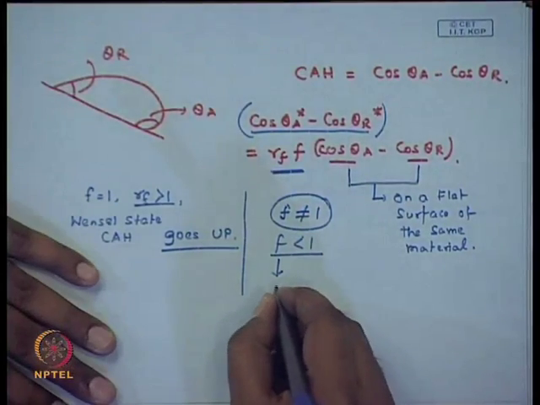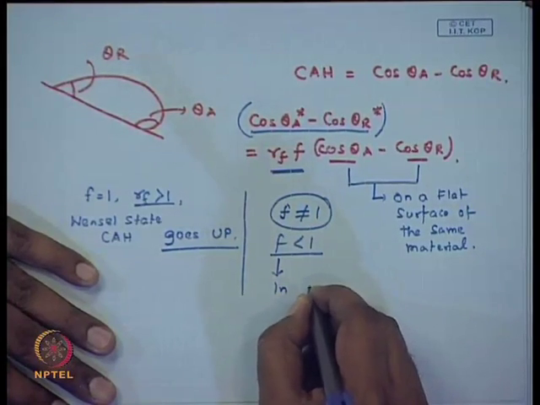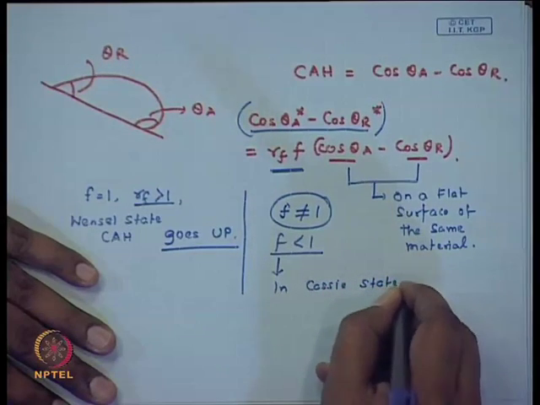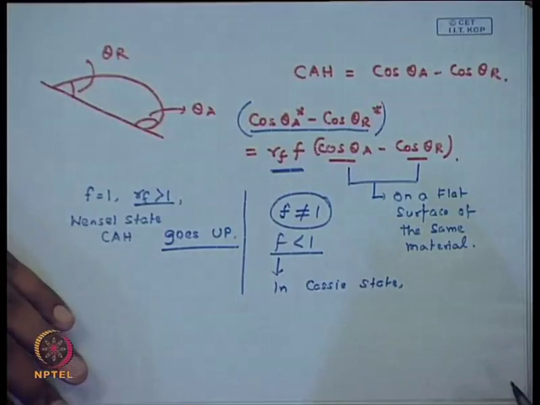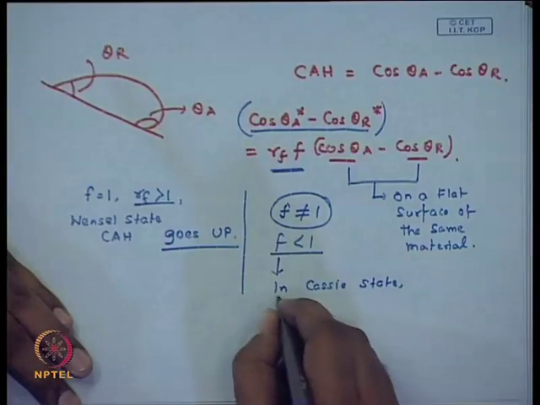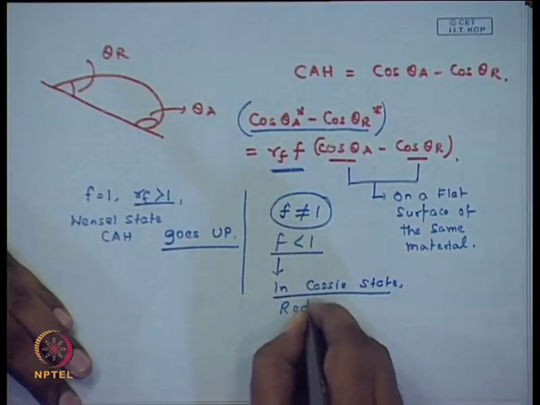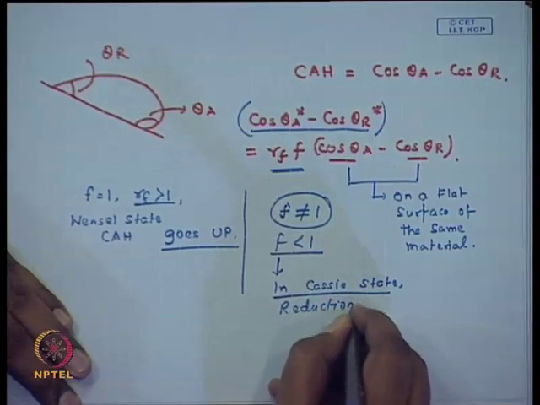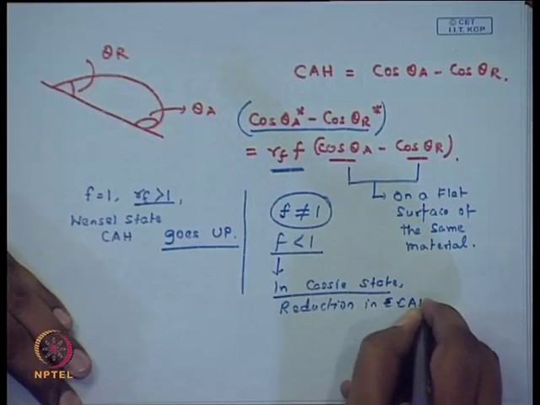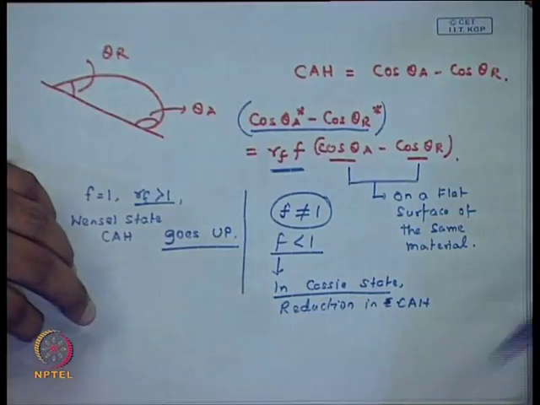So, in other words, in the Cassie state, by suitable design, you vary the value of f as well in addition to r, and you can achieve a reduction in the contact angle hysteresis.